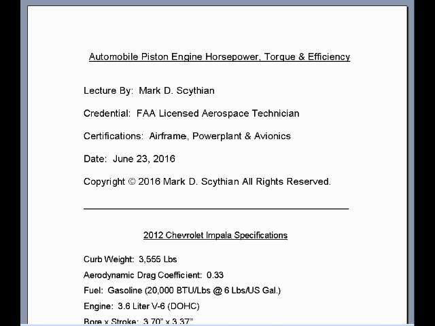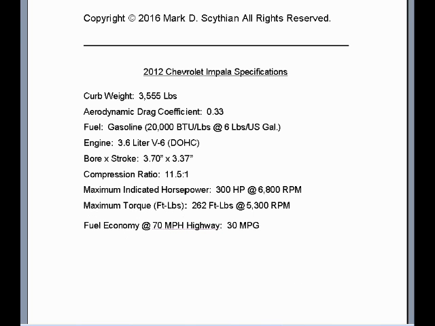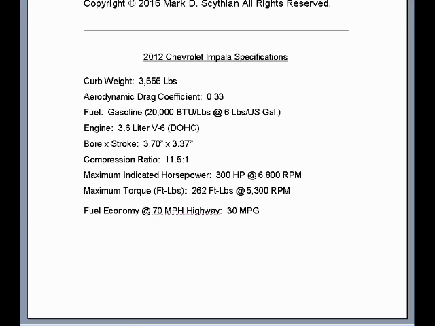The car that we will be working with here is the 2012 Chevy Impala. First, we must start with the required specifications to make these calculations.